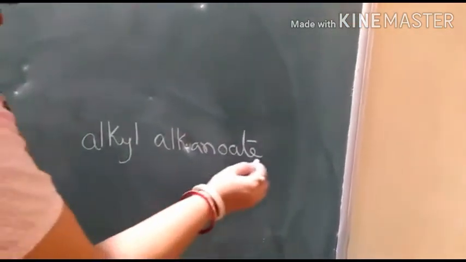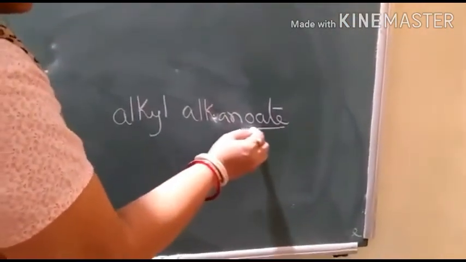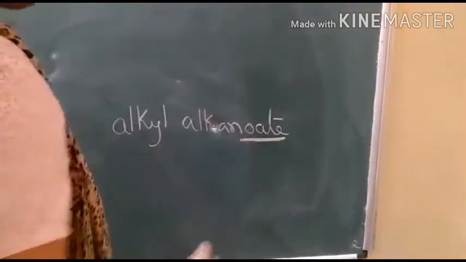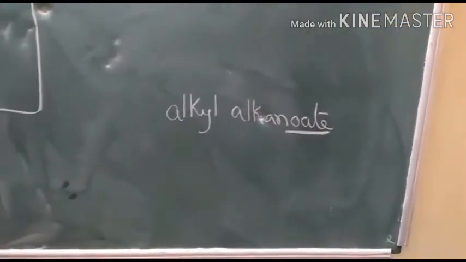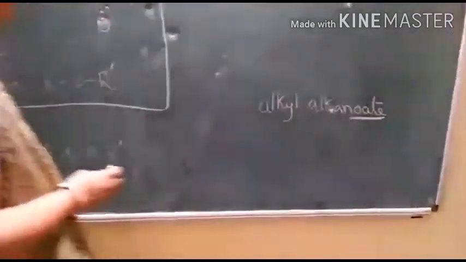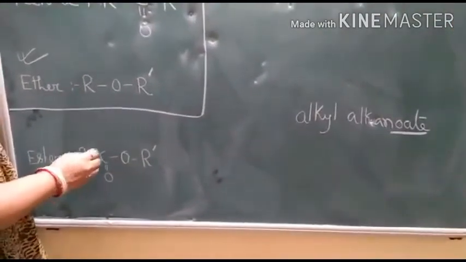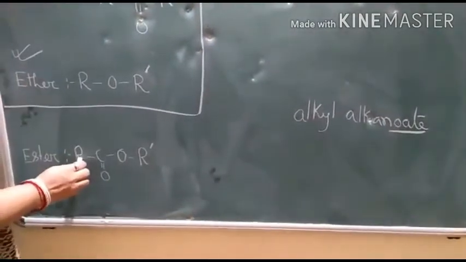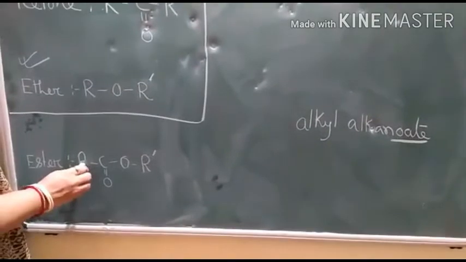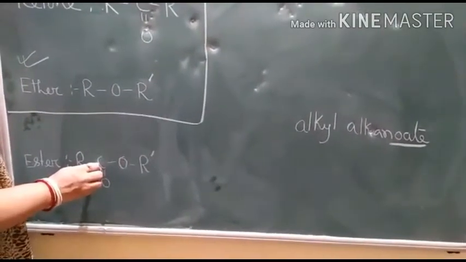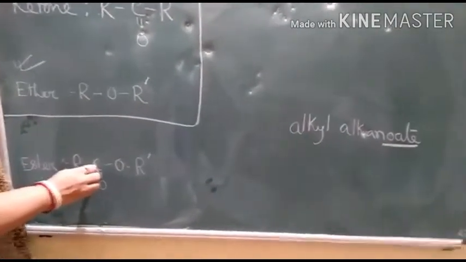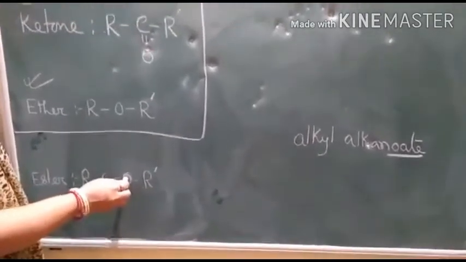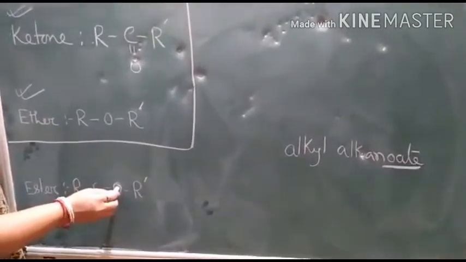Now in this alkanoate, this is the name. This oate is the actual suffix. Now with whom will this oate attach? This is one R, this is another R. You see here, this carbon is directly attached with the functional group. But this R is attached with this O, not carbon.